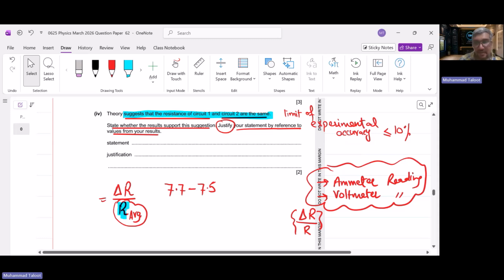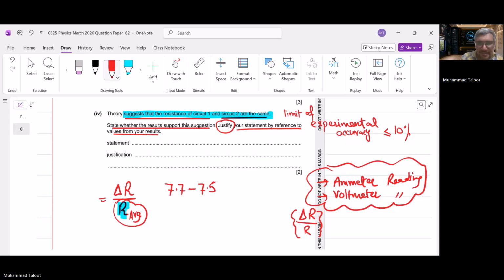But this is not for all the students. We have to carry everyone anyhow. So what we are going to do is divide by (7.7 plus 7.5) divided by 2. So it becomes 0.2 divided by the average, which is 7.6.